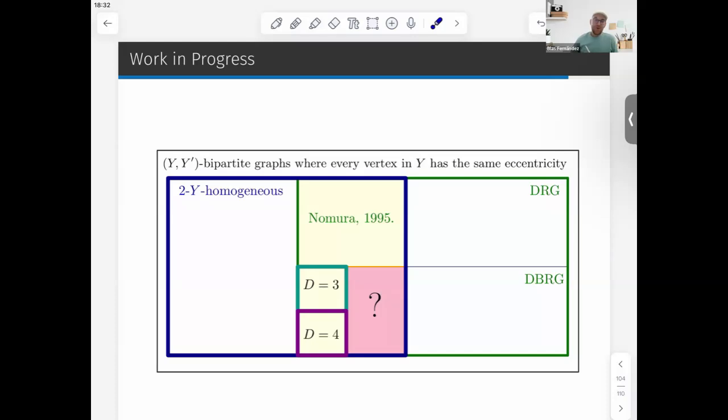And so this means that all 2i homogeneous distance-biregular graphs are the ones that I presented today, so all those with D equals 3 and D equals 4. But of course, this is still open because I was not able to prove it. But this is something interesting for the future.